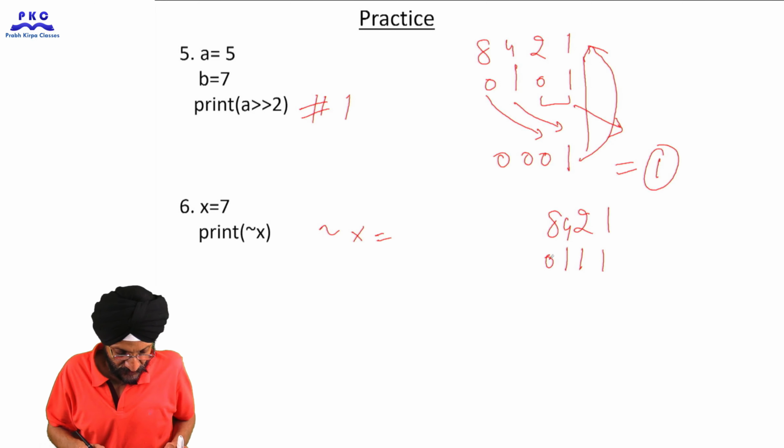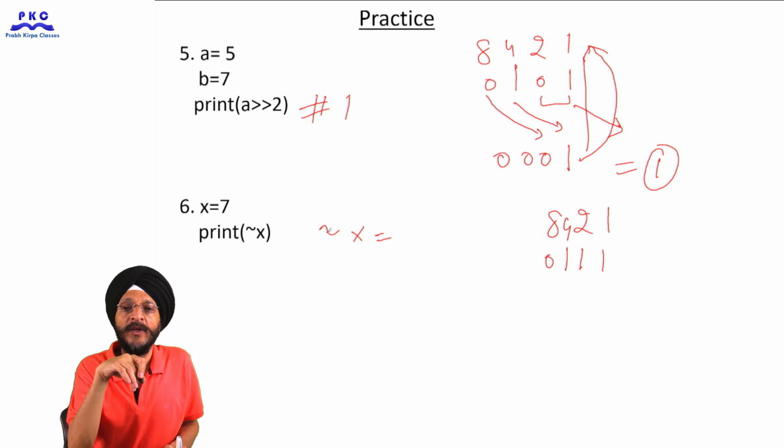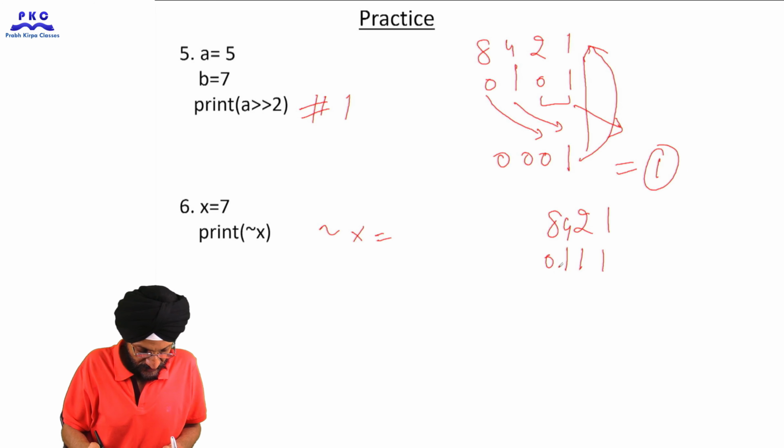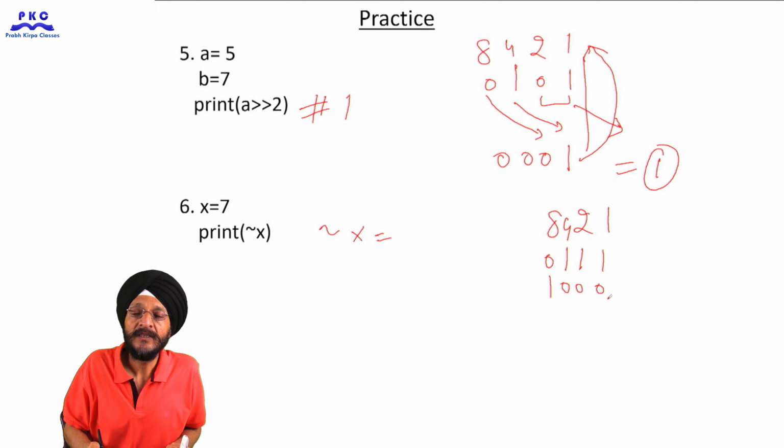Now what do we have to do? We have to invert it. It will become 1, 0, 0, 0. 0 will become 1, 1 will become 0. This will be the result.